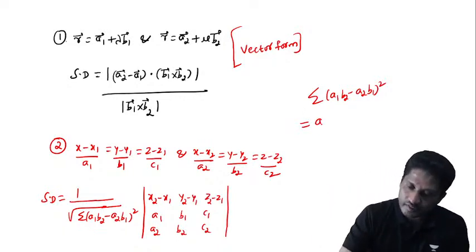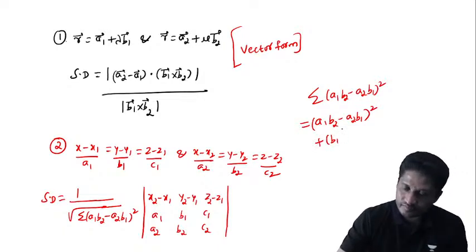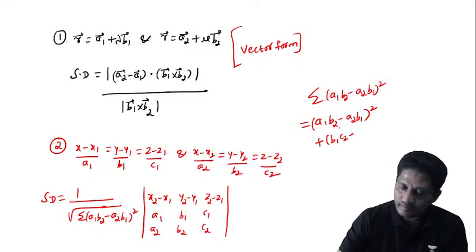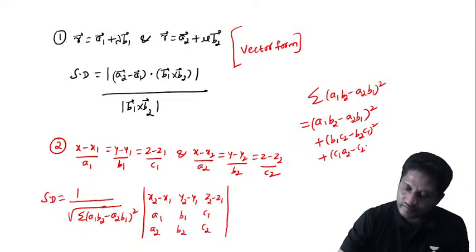That is, this will be equal to a1 b2 minus a2 b1 the whole square, plus, after b2 it is c2, after a2 it is b2, and after b1 it is c1, b1 c2 minus b2 c1 the whole square. Similarly, plus c1 a2 minus c2 a1 the whole square.